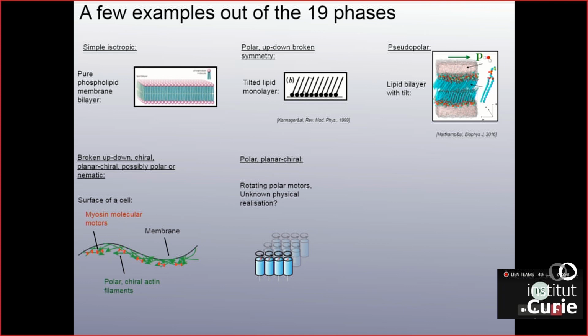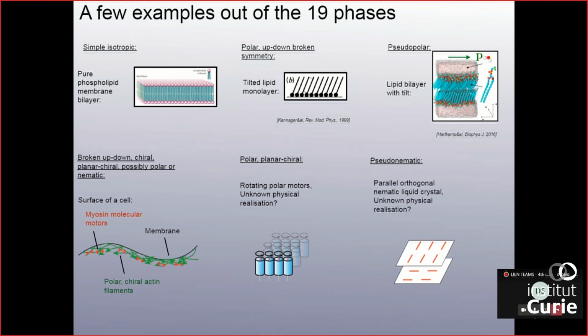One example is to have rotating polar motors. I don't know of an example of this. In biology, there is the F1, F0 ATPase, which is a motor that embeds in a membrane and rotates. But it's not exactly this phase because it's a rotating motor, but it has a broken up-down symmetry, which this phase doesn't have.